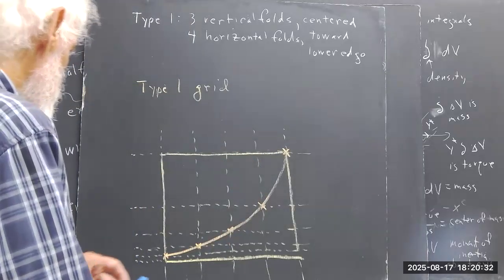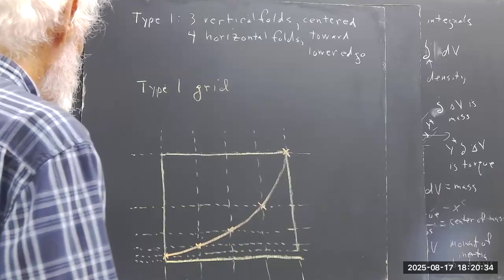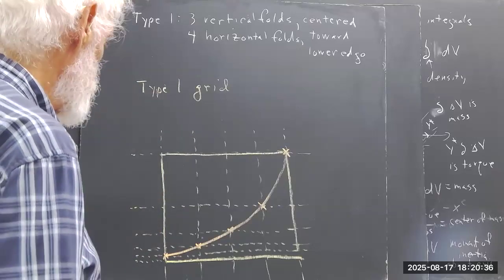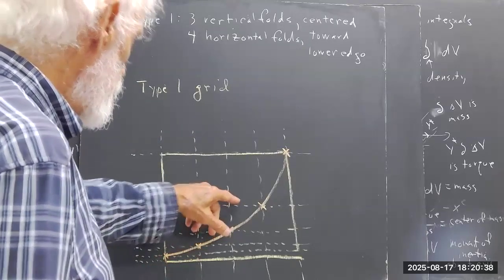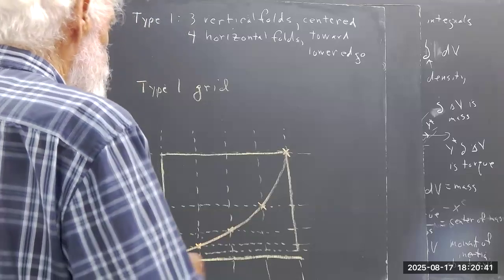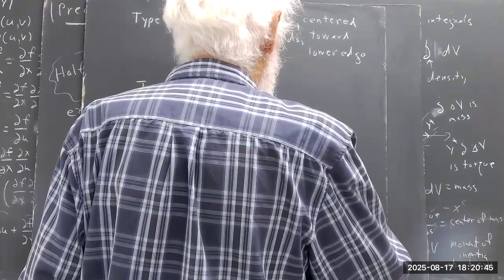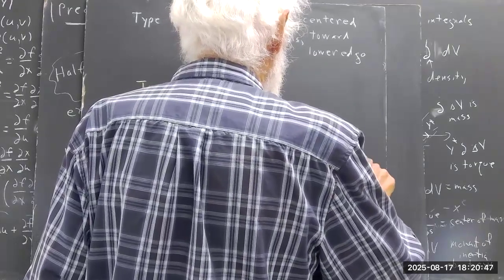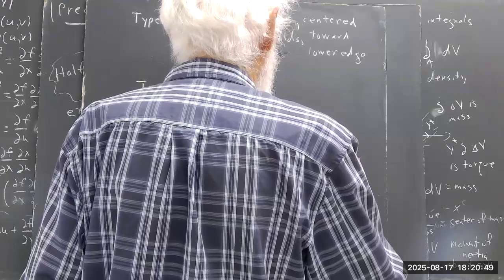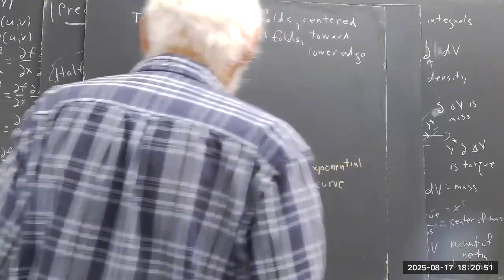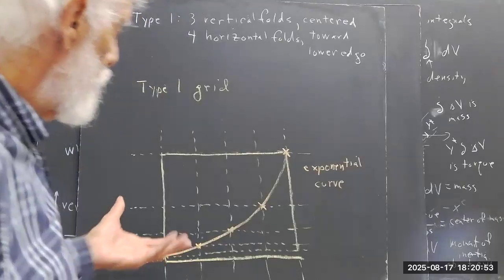Okay, well, we don't want to go too far with that idea, but there it is. There's your type 1 grid, and there's your exponential curve. I'll even write that down. You're not responsible for knowing the terminology yet, but you will be soon. There it is.